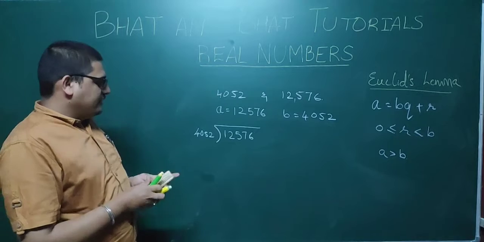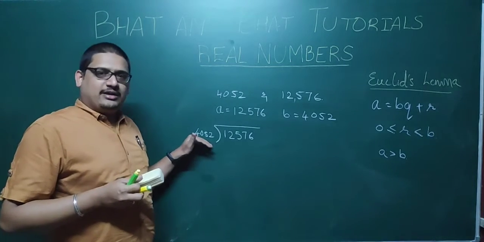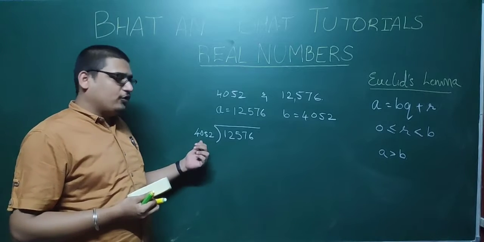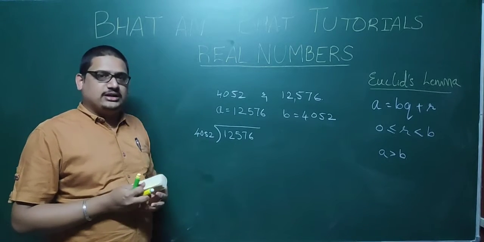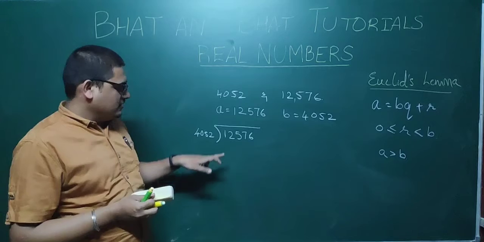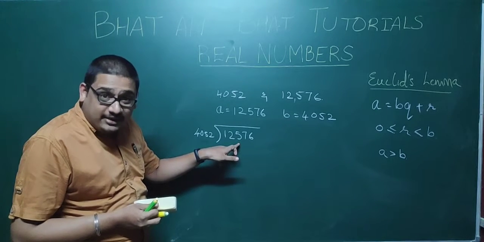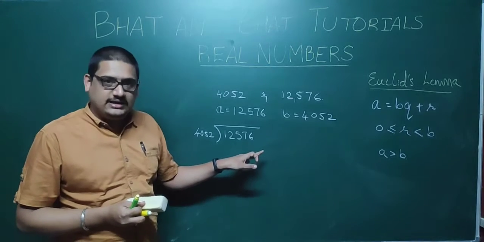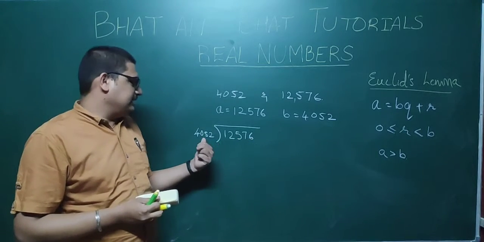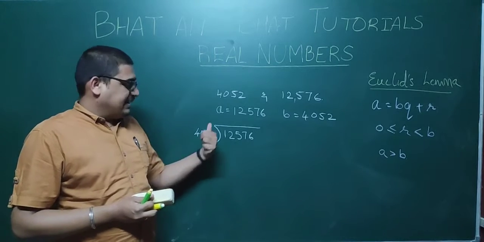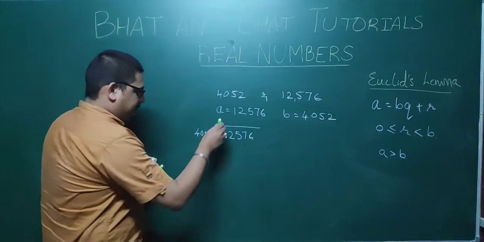Consider the nearest round-off number for 4052, let's make it 4000. 3 times 4000 is 12,000, and the remainder will be 576, which is smaller than the given number. So obviously my number for division should be 3.